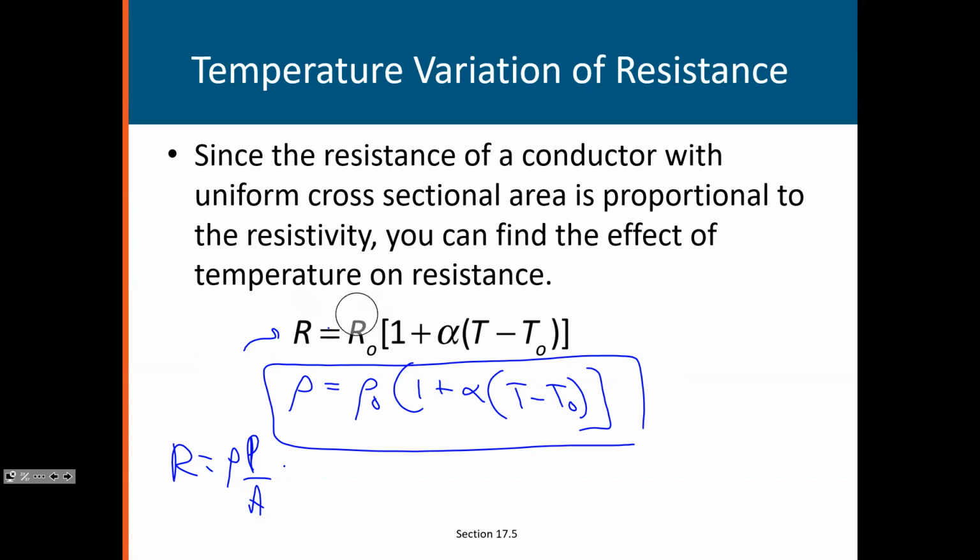So if R is equal to rho L over A, rho is equal to A R over L. A and L cancel on both sides, so we have the relationship for the resistance R as well.